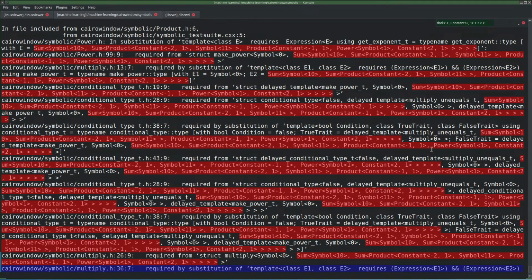So why do we get there? Required by substitution of, and this again the substitution, let's skip that one. Required from struct delayed conditional type false.